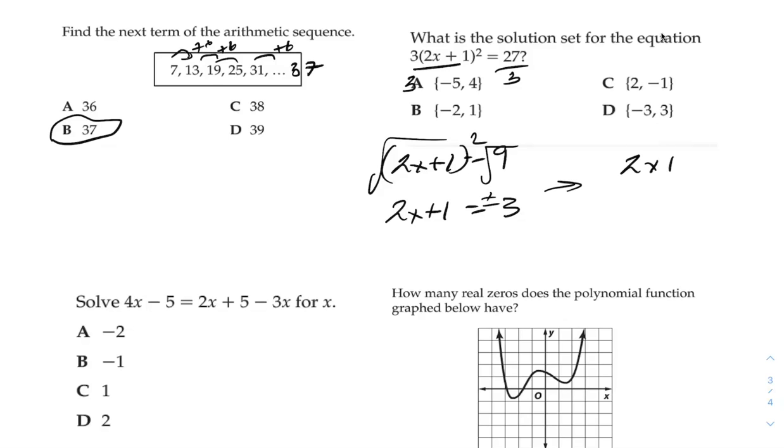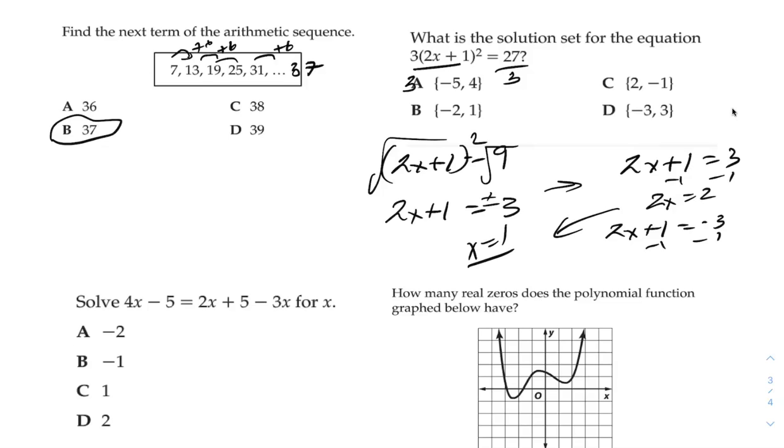So 2x plus 1 equals 3, and 2x plus 1 equals negative 3. Then just solve this. Subtract 1. 2x equals 2. Divide by 2. X equals 1. Subtract 1. 2x equals negative 4. Divide by 2. X equals negative 2. So there you go.